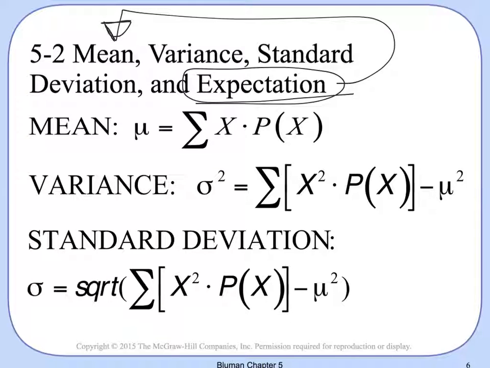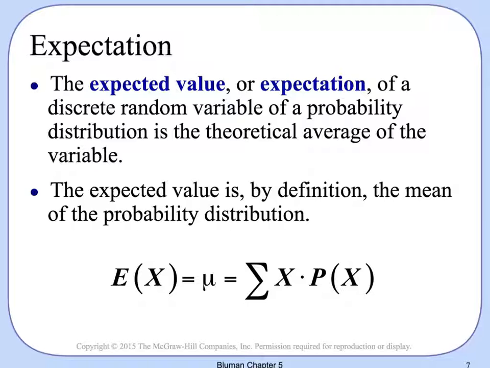In statistics, when I ask, what do you expect to happen? What's the expected value? That's the same as the mean for a probability distribution. So expectation, expected value, those are all the same thing, and we'll see that on the next slide. As I go to the next, it says the expected value or expectation is the theoretical average of the distribution.